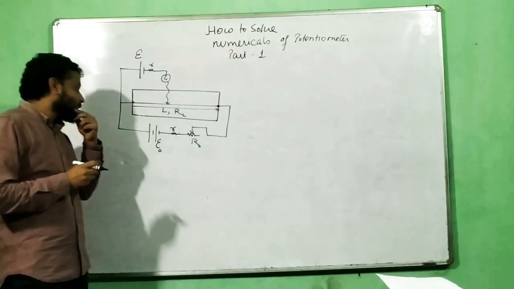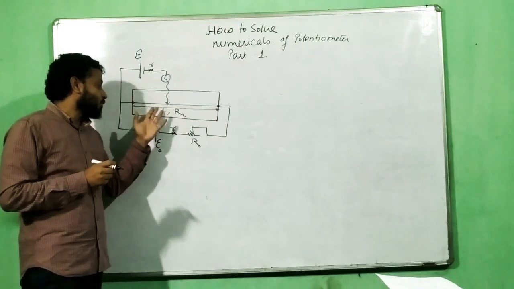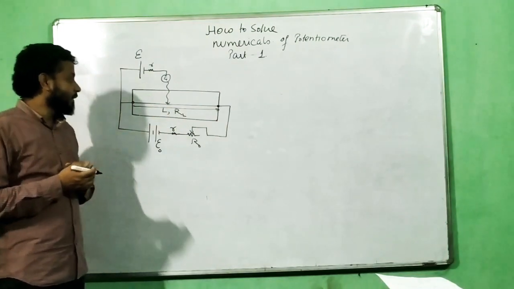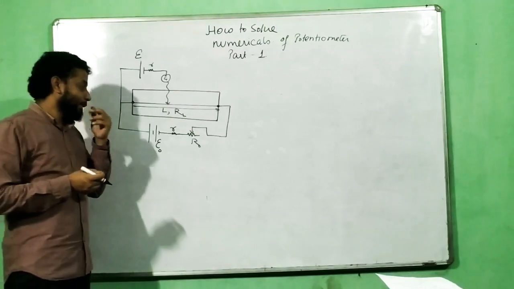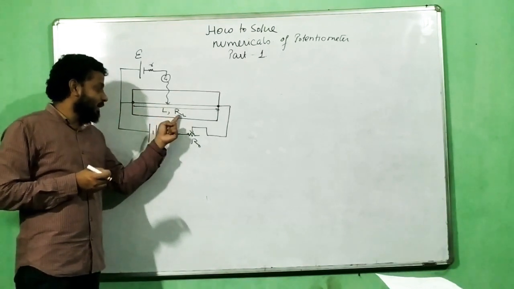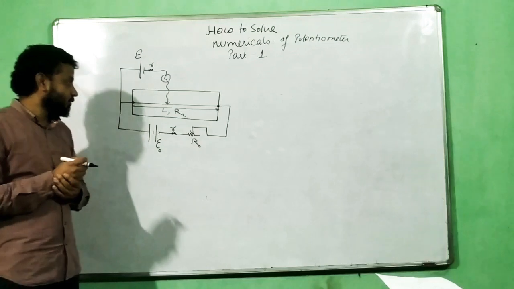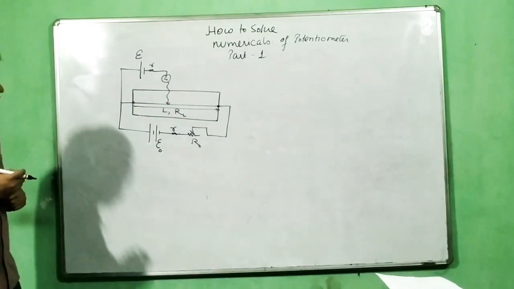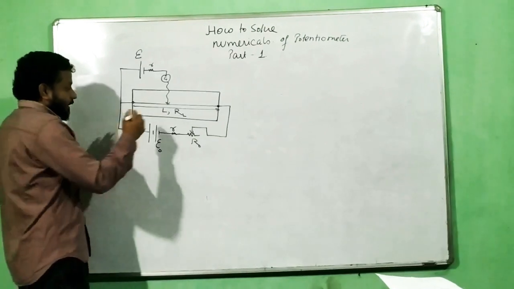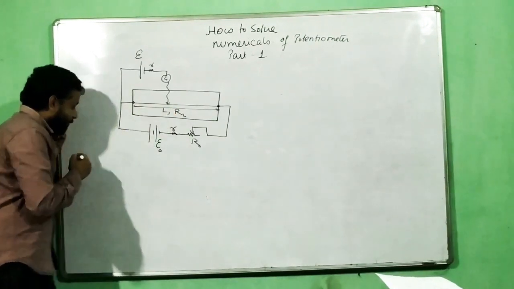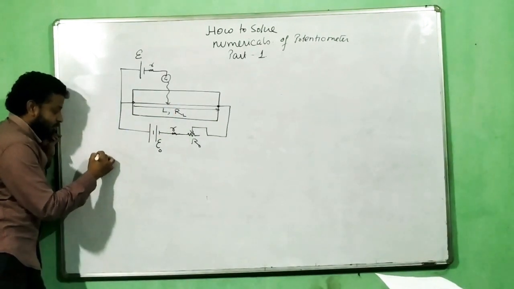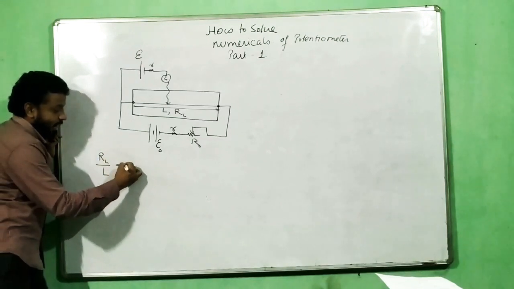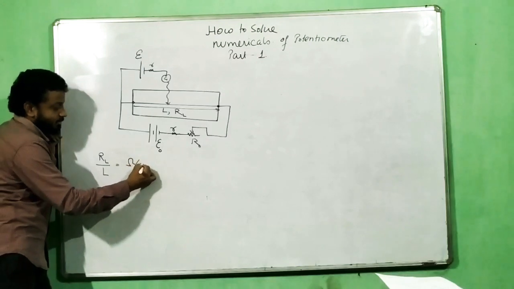Now in the question, you have to look for this length of the potentiometer wire or this resistance RL, which will be given to you, the entire resistance of the circuit. If these two are given to you, can you find the resistance per unit length? This will have a unit called ohm per centimeter.